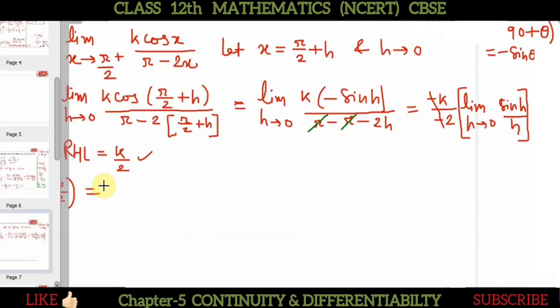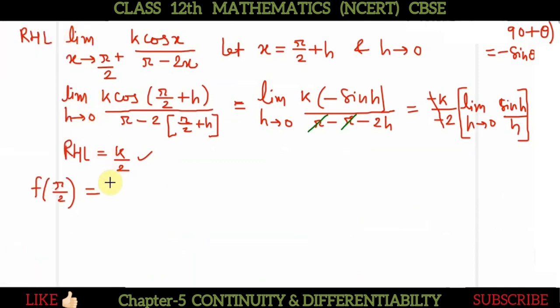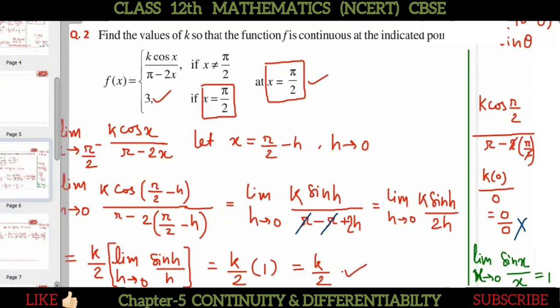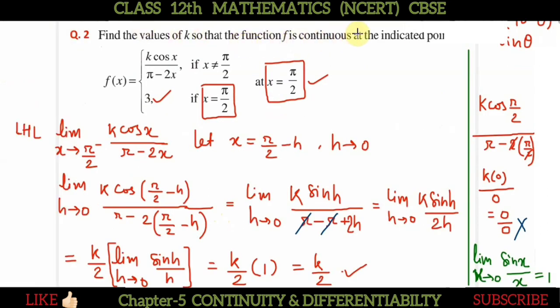So we can write f of pi by 2 equals 3. Now again read the question once at least. What is given? Find the value of k so that the function is continuous. It has been given that the function is continuous and you have to find the value of k.